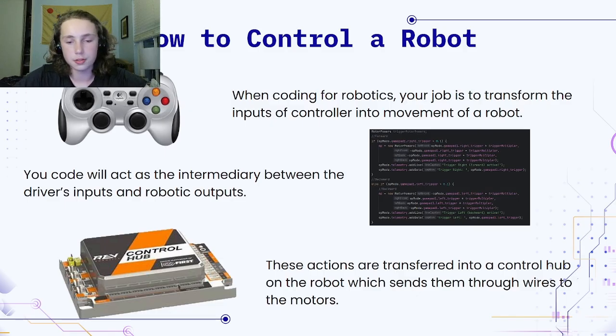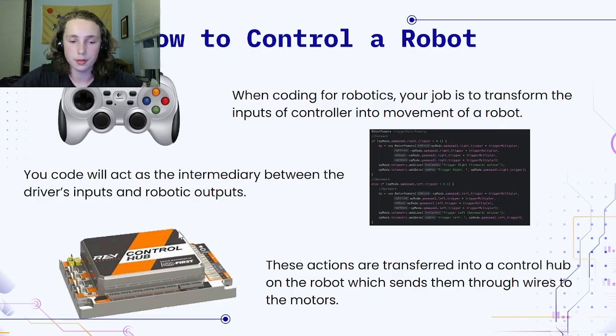In other words, your actions on the controller, your button presses, your triggers, your movement of these, are all taken through a phone and transferred to the Rev Robotics Control Hub on board a robot.